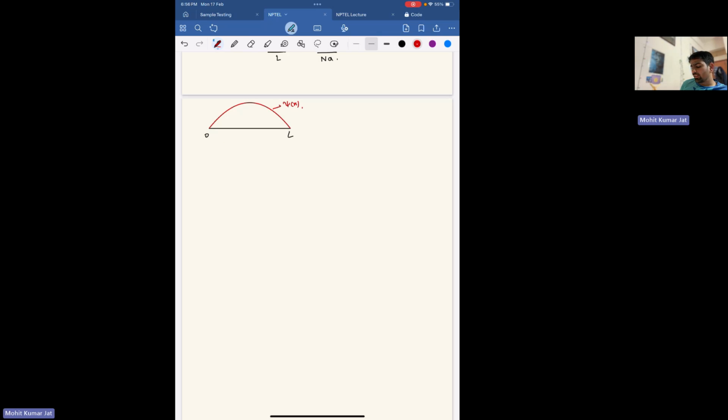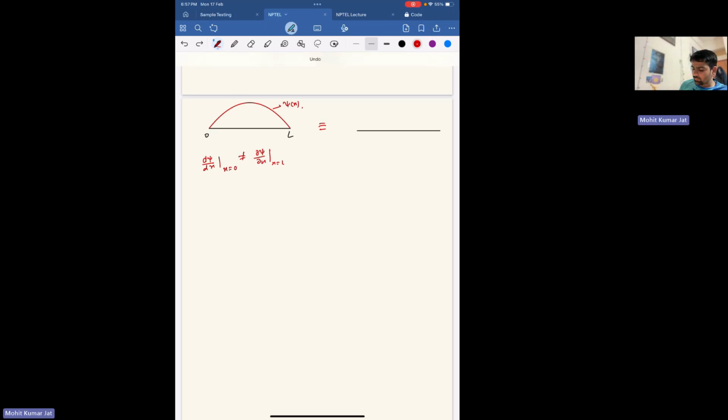At 0 and L are not the same because d psi by dx at x equals 0 is not equal to d psi by dx at x equals L. So this is not right. The minimum possible one which is allowed has to do something like this.